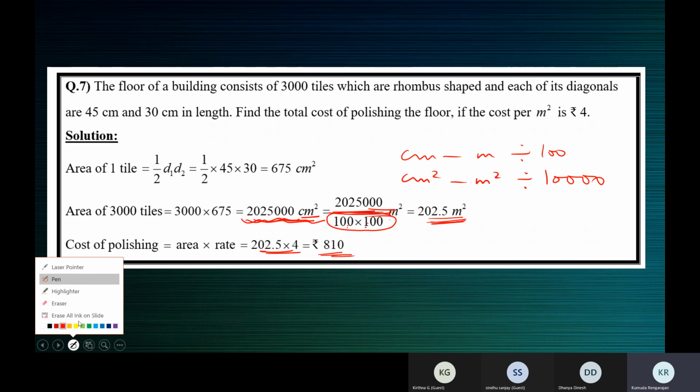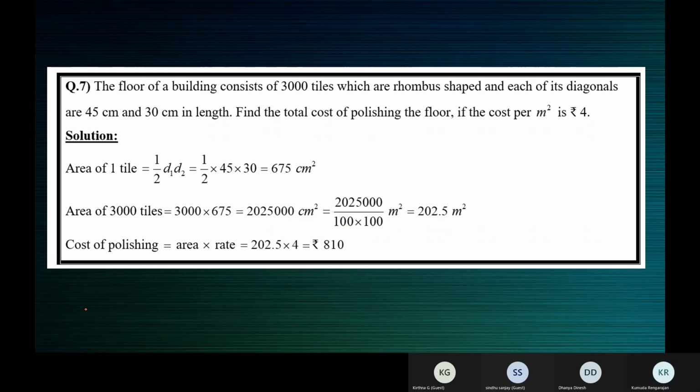Please write down, children. So floor area is 202.5 meters square, and then the cost of polishing is area of the floor into rate.